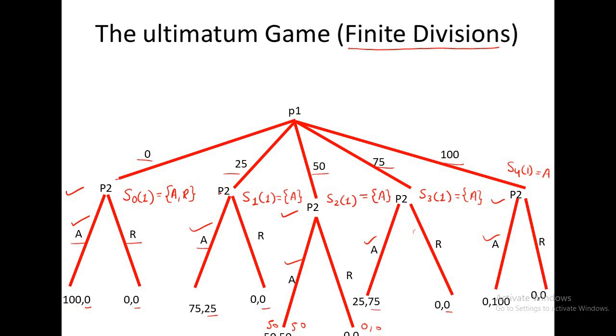If P1 gives the offer of 25, P2 accepts and he will get 75. In the next case he will get 50, then 25, then 0. So in which offer is he getting the maximum payoff? This one, that is 100, right?